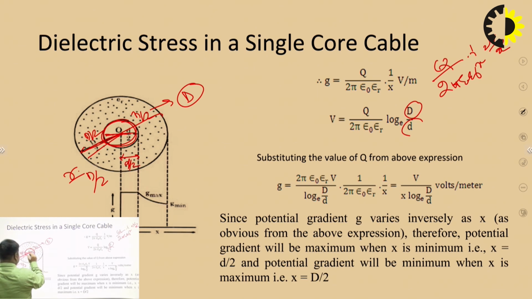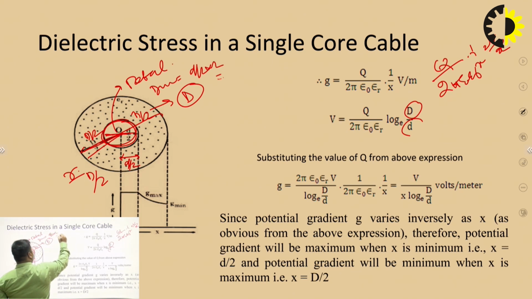So this is the total diameter, d by 2 into 2, so d. This is inside and this is for outside.